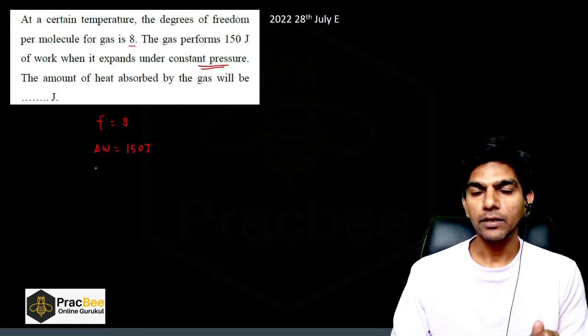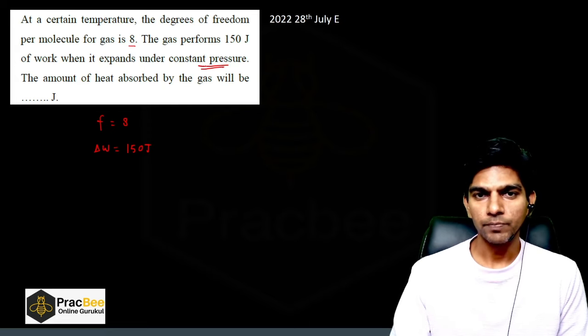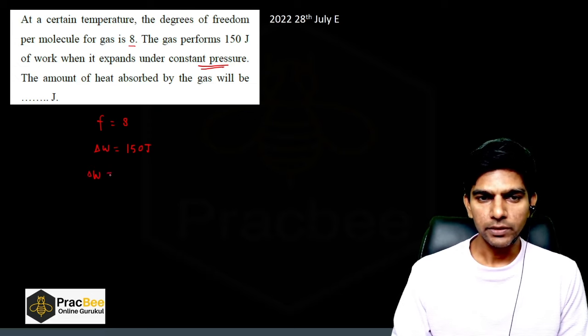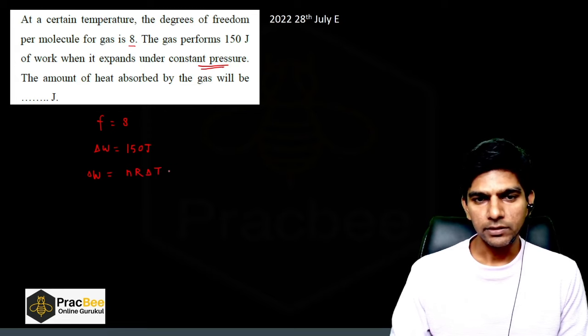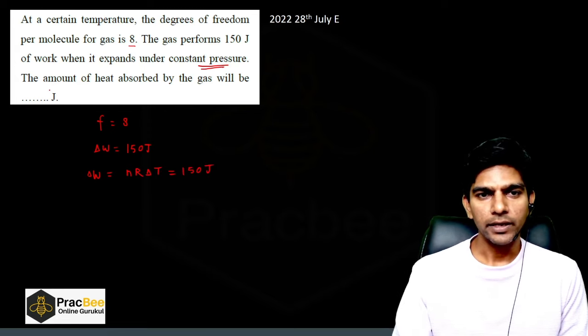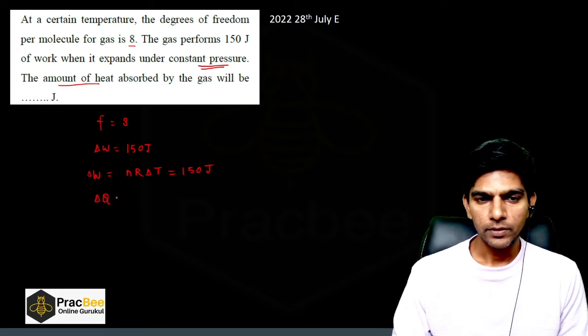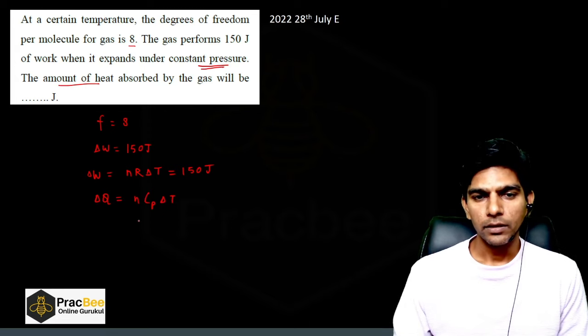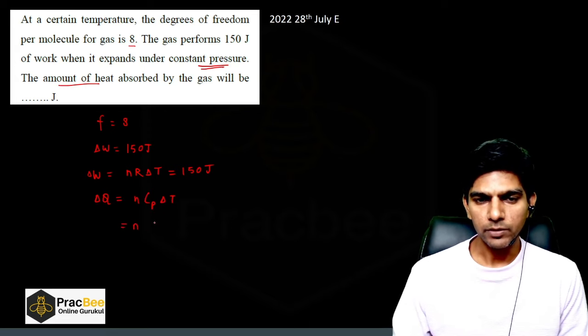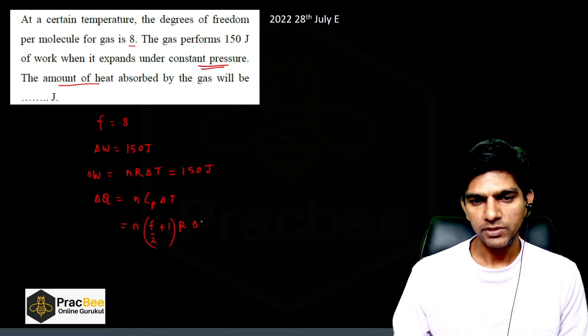So we know that in an isobaric process, when the pressure is constant, work done will be given by nR delta T, and this is nothing but 150 joules. And the amount of heat absorbed by the gas will be, in case of an isobaric process, given by nCp delta T. Okay, so this Cp can be written as (F by 2 plus 1) times R. We'll study this Cp in the later part of the video.